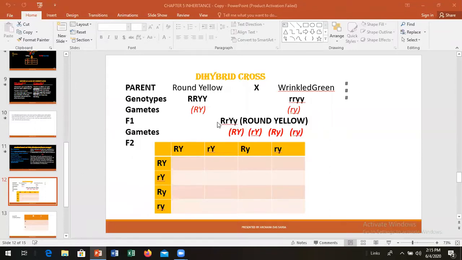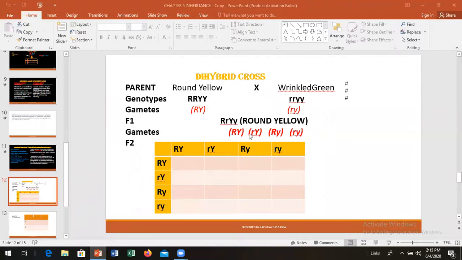But in total, they will come in combinations. So here you will get the possible permutation combinations. So here capital R, capital Y, capital R, small y, small r, capital Y. This way we get the different combinations.